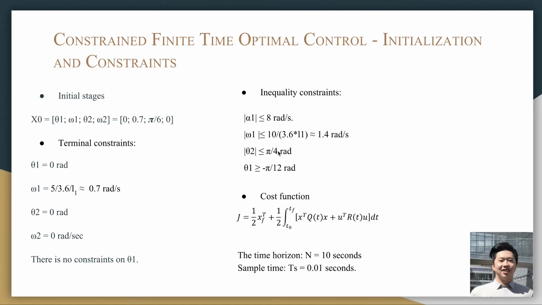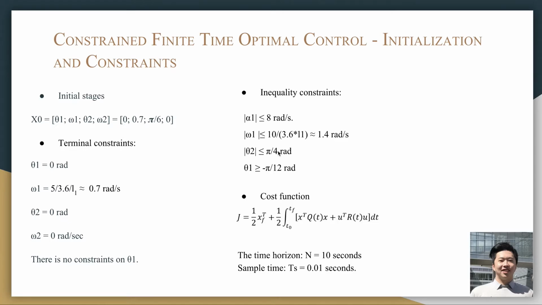Thus, the initial constraints were set to be initial angle theta 1 equal to 0 radians, theta 2 equal to pi over 6, the initial angular speed omega 1 equal to 0.7 radians per second, and omega 2 equal to 0 radians per second. We also set the time horizon to 10 seconds and the sampling time Ts equal to 0.01 seconds.